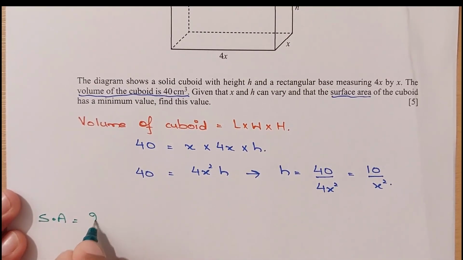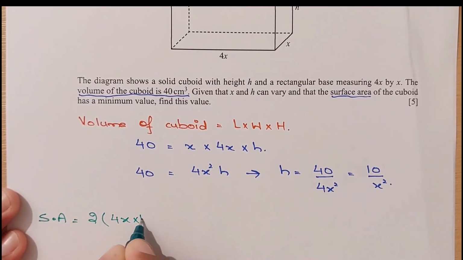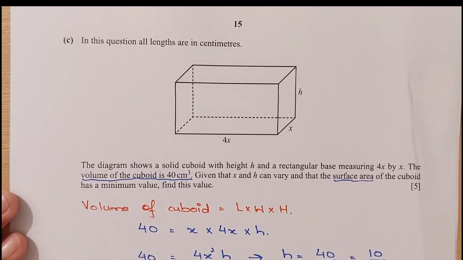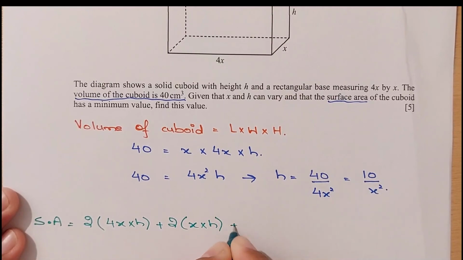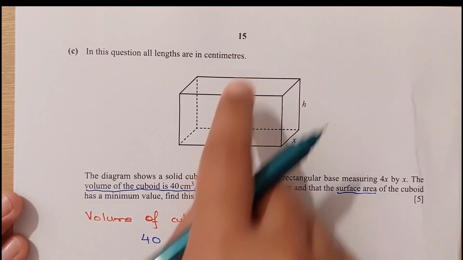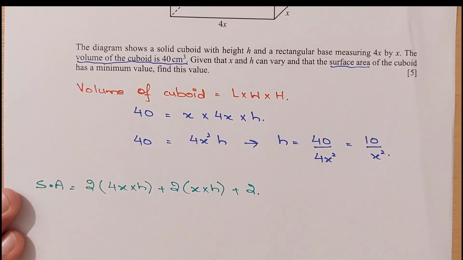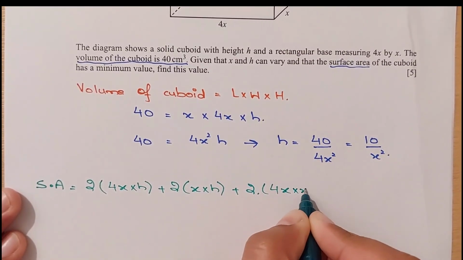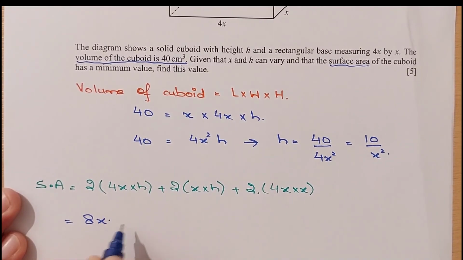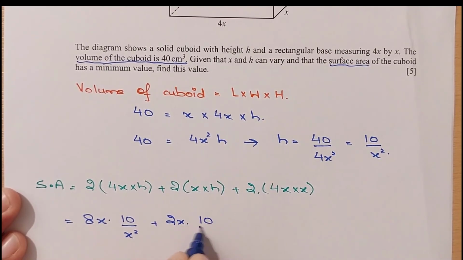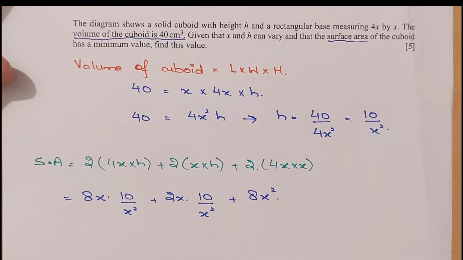So this is 2 times of 4x times h plus 2 times of the left and the right face, x times h, plus 2 times of the top and the bottom, 4x times x, right? Now we have to use this h value here, right? So here we have 2 times 4 is 8x, and the h value is 10 by x square, 2x times 10 by x square plus 8x square, right?